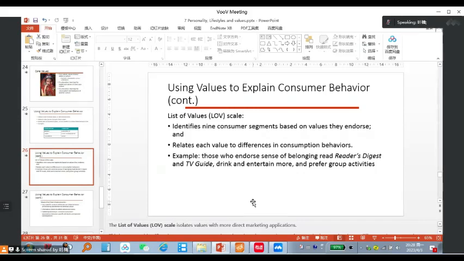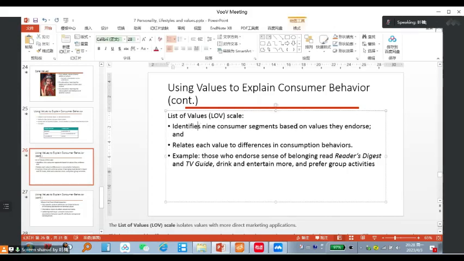There are many approaches. Here mentions the List of Values scale. The List of Values scale isolates values with more direct marketing applications. It identifies 9 consumer segments based on the values they endorse and relates each value to differences.